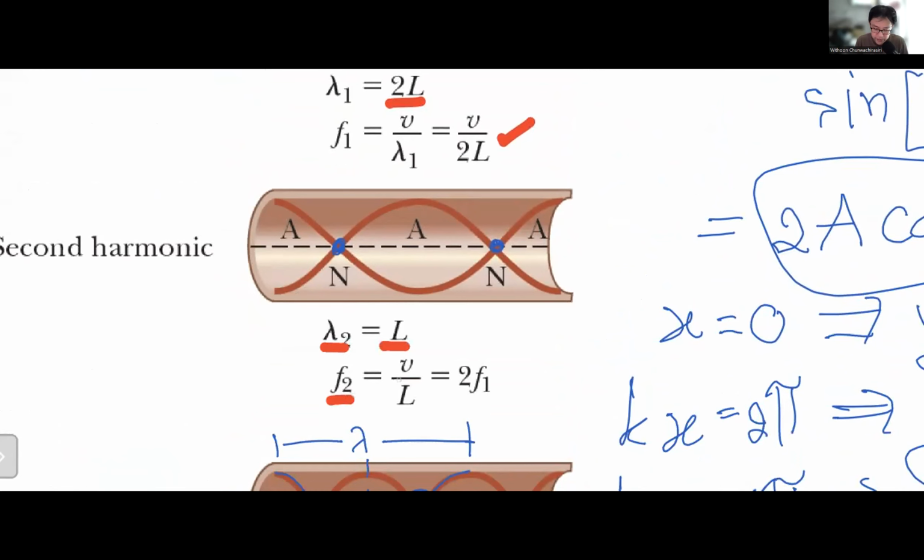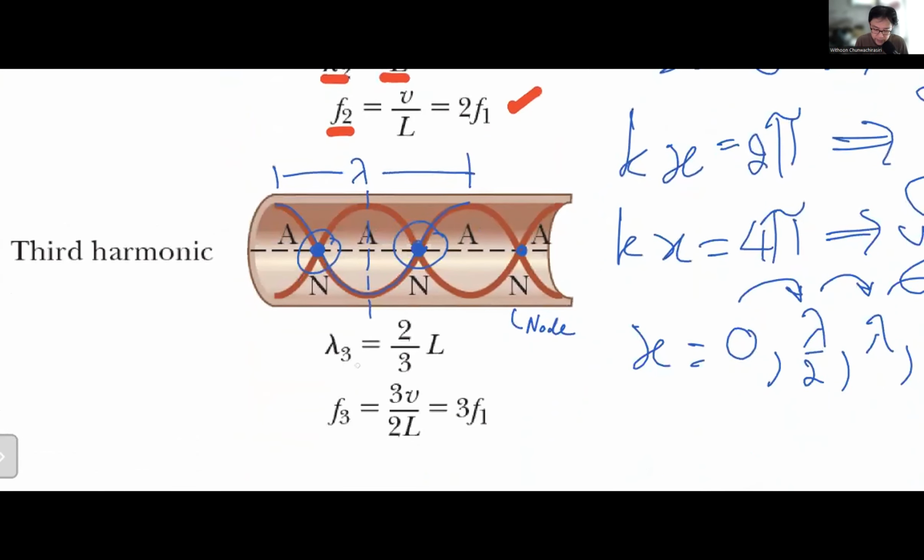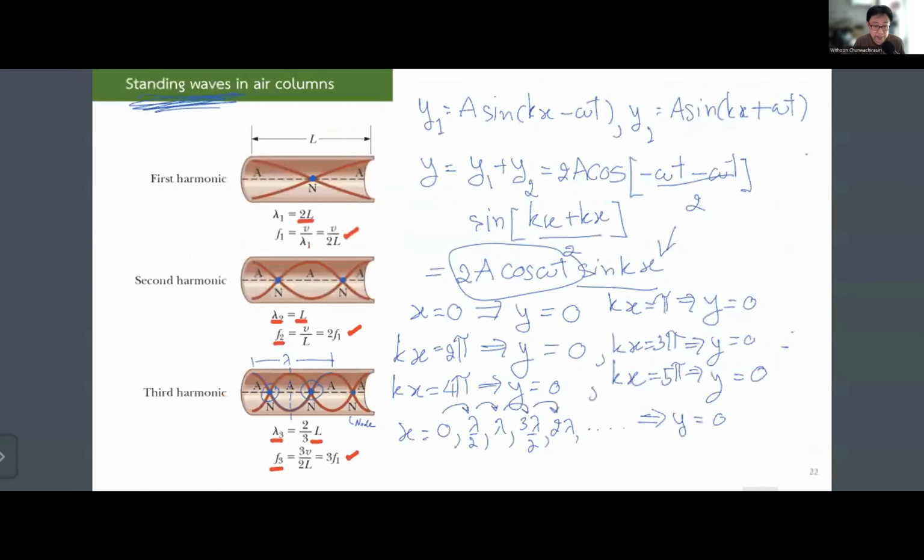So the frequency is just V over wavelength, and this V over L, that is the frequency of the second case. On and on, you just keep doing it. The third case over here, the lambda is 2L over 3. So the frequency can be flipped over, and you can calculate what should be the frequency in the third case, fourth case, fifth case, on and on. And this is how you generate standing waves in an air column.